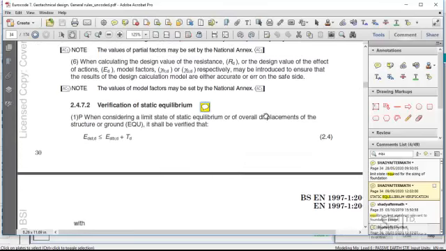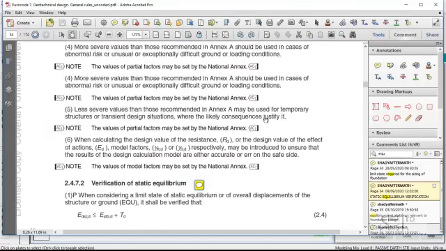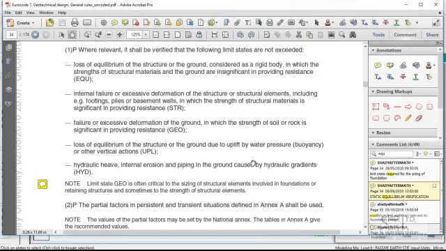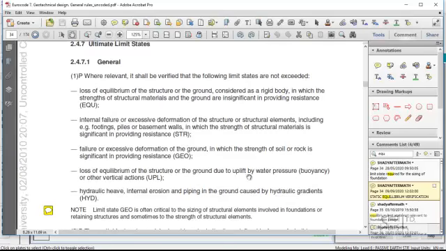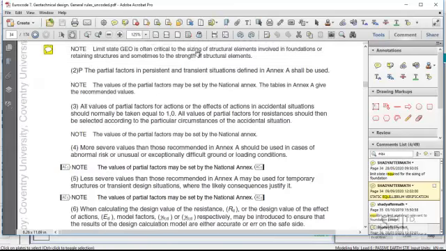So the Eurocode has specified limit states: equilibrium limit states, geo limit states for failure of the underlying soil as a result of the resistance the soil provides, structural limit states for the failure of structural connecting elements, and then uplift and hydraulic.